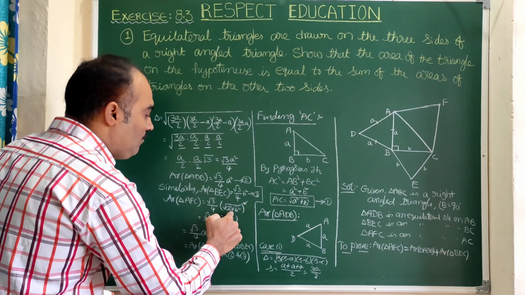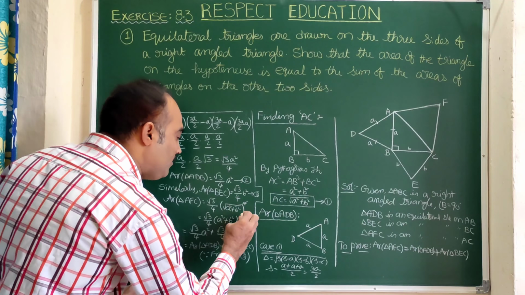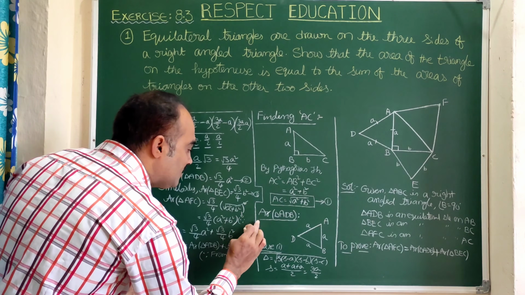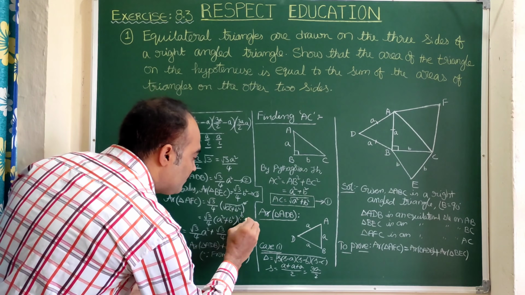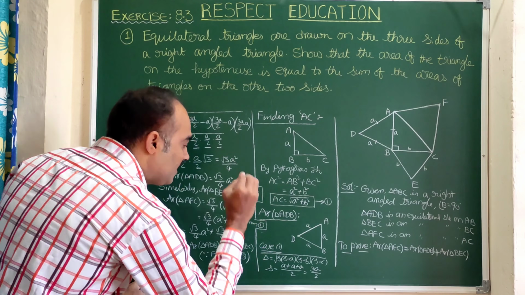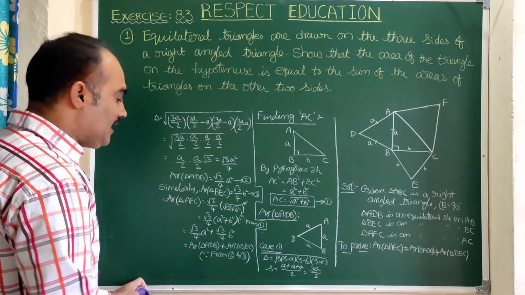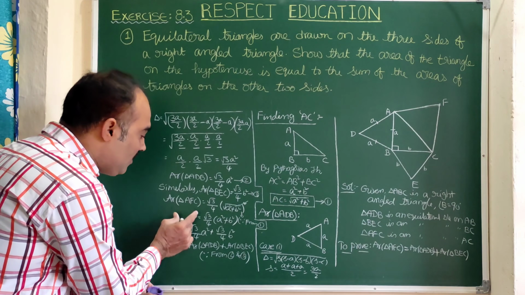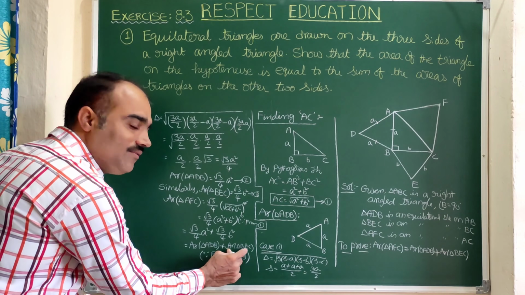Here you see how I wrote under root A square plus B square, this is from equation 1. So area of triangle AFC is equal to area of triangle ADB plus area of triangle BEC.